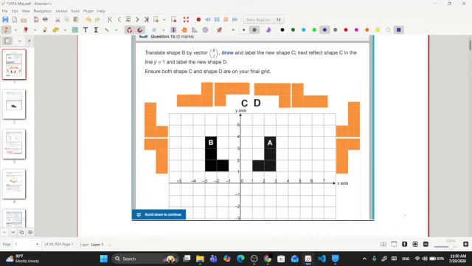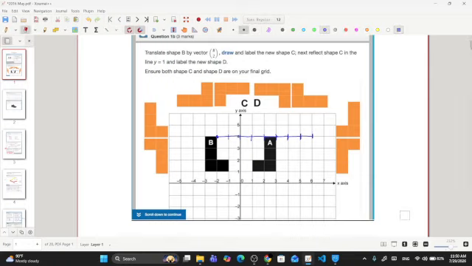Let's focus on this part. 1, 2, 3, 4, 5, 6, 7, 8. And 2 values upwards. 1, 2.